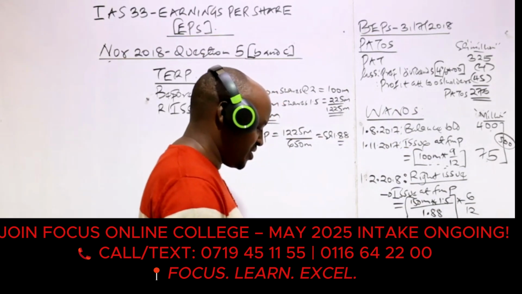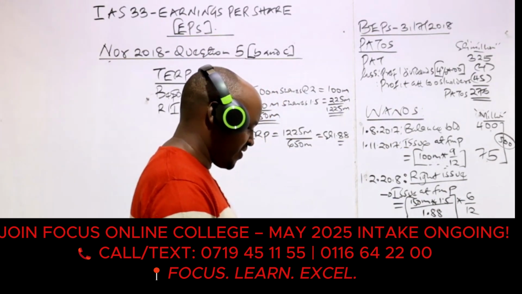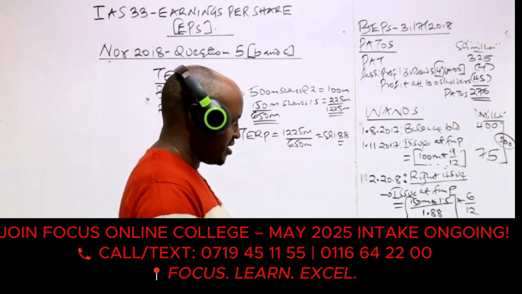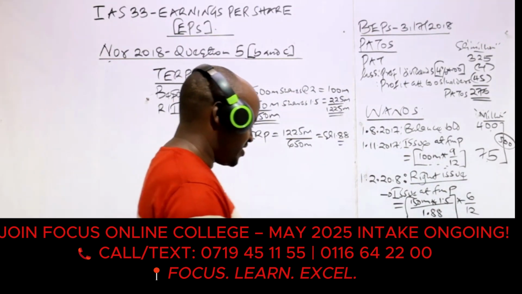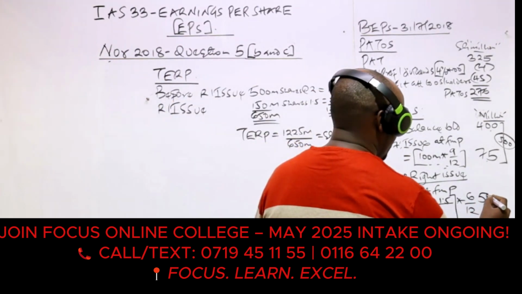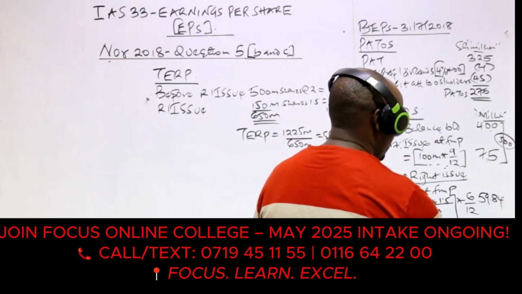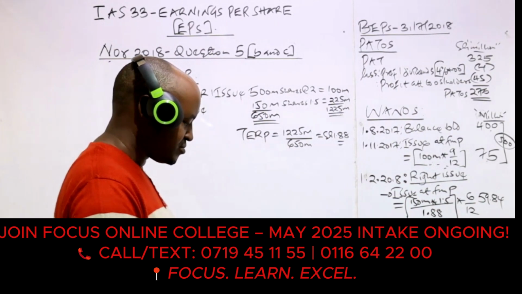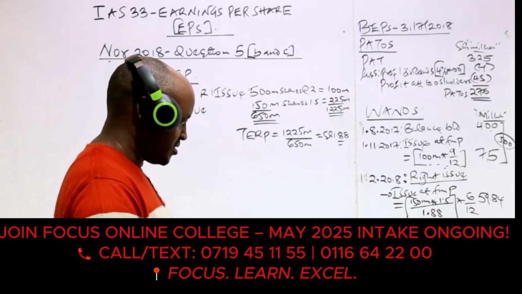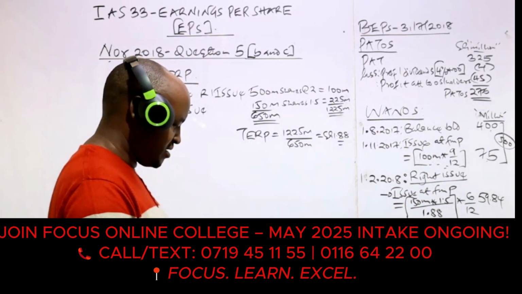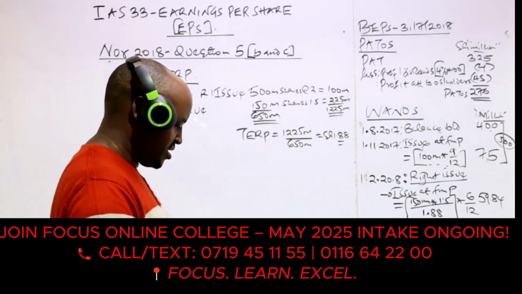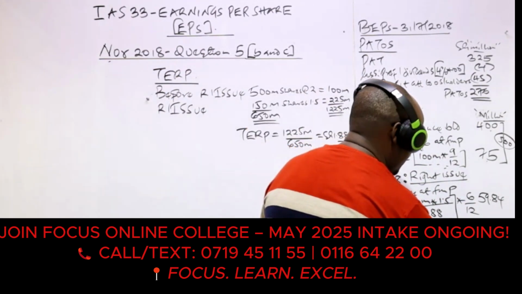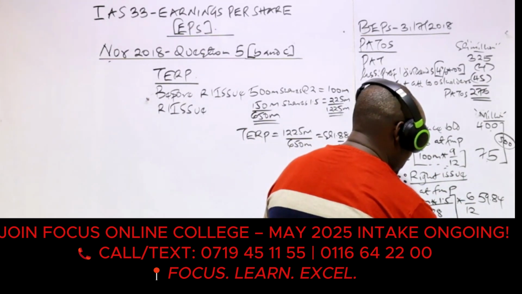Let's first compute this: 150 times 1.5 divided by 1.88, and then times 6/12, or basically divided by 2, which will give us 59.84. And then we compute this bonus element: 150 times 1.5 divided by 1.88, then deduct that from 150, which will give us 30.8.